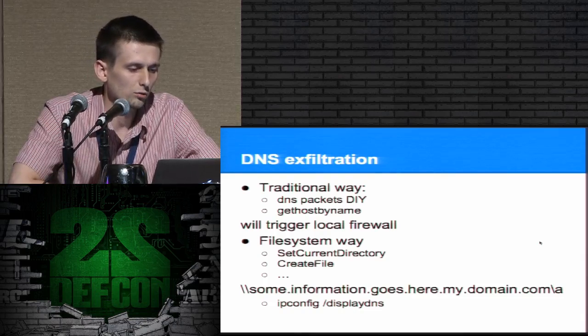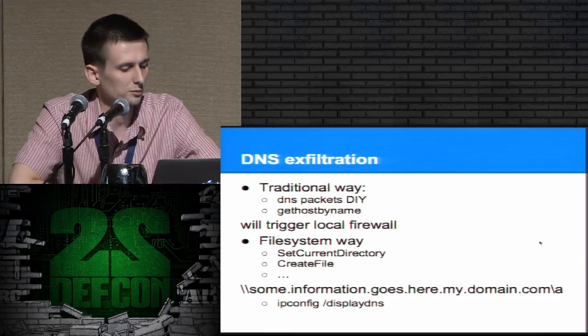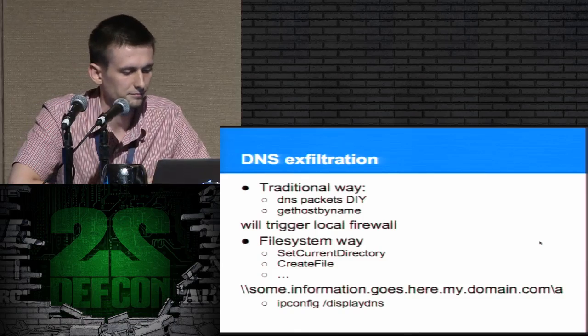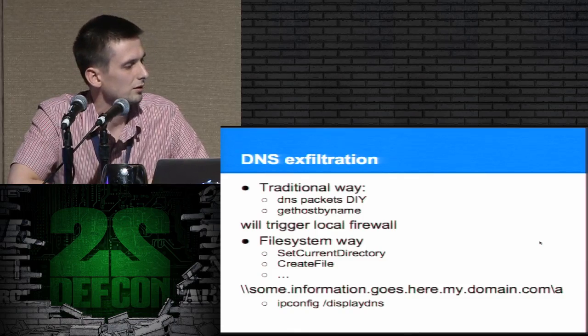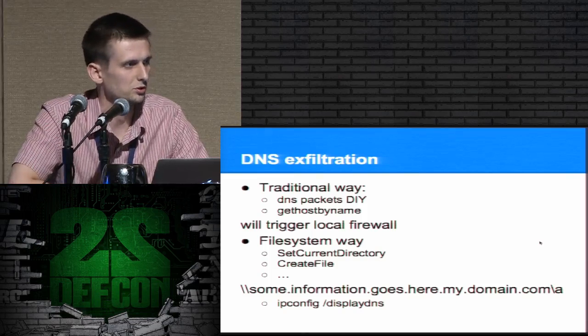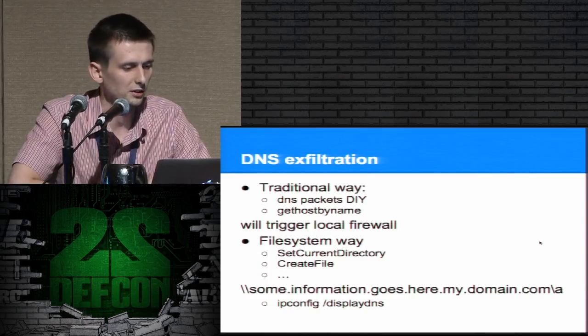Actually, there are no personal firewalls that will catch you doing such things. It's slow, but if you just want to send a username and password somewhere on the internet, that speed is quite enough.